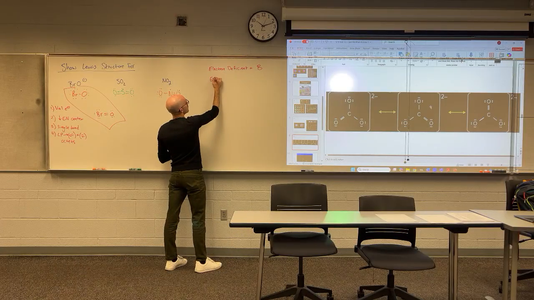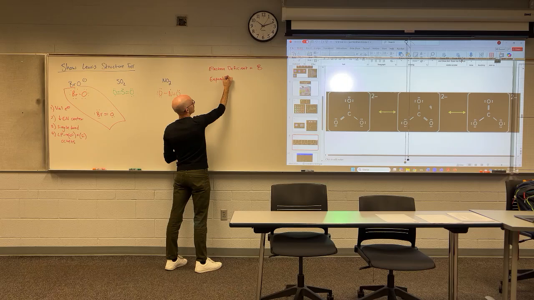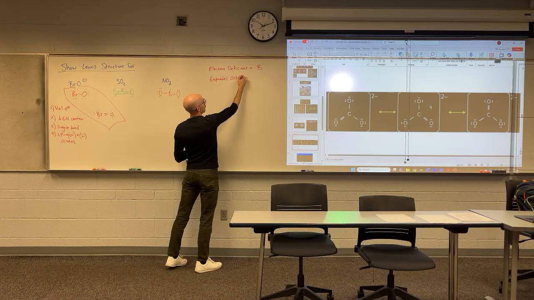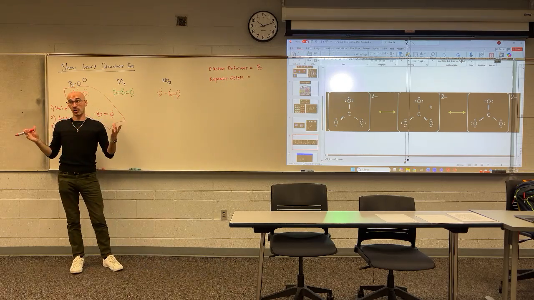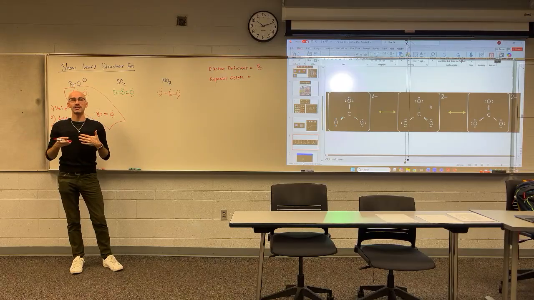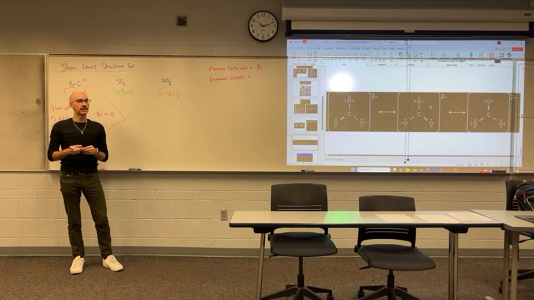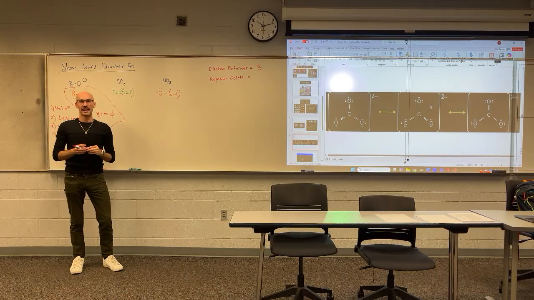And then we have these expanded octets, hypervalent species, and this is a much larger family. How do we generally identify something that can expand its octet? Jordan? Specifically, if it has a D subshell, exactly.